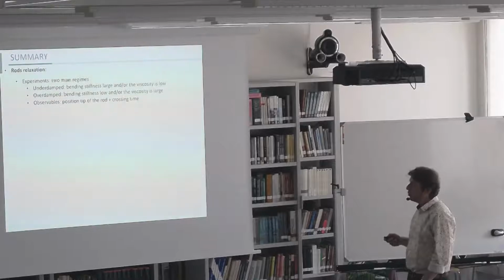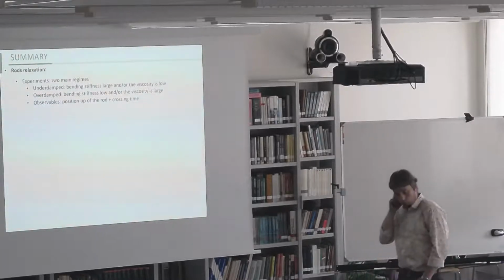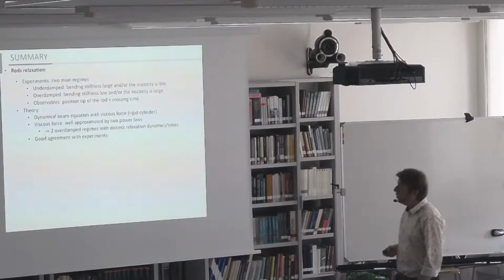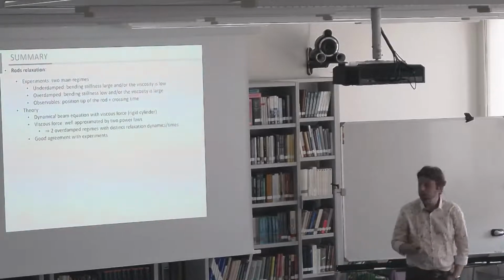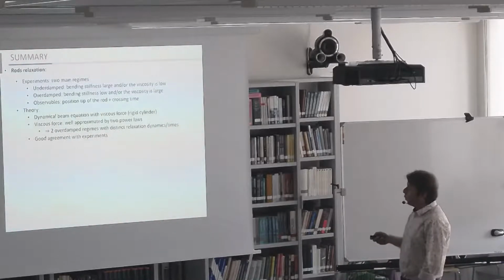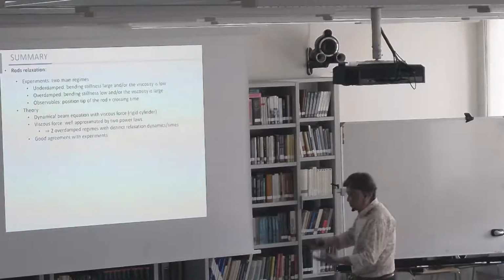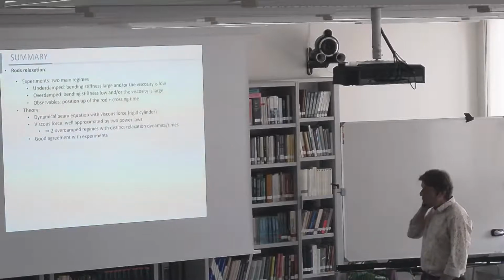We have measured the position of the tip of the rod as a function of time, and also what I call the crossing time. For the theory, we use the dynamical beam equation with viscous force obtained from a rigid cylinder. We showed that the viscous force can be approximated by two power laws, just to simplify the computation and get an analytical result, and we obtain good agreement with experiment.